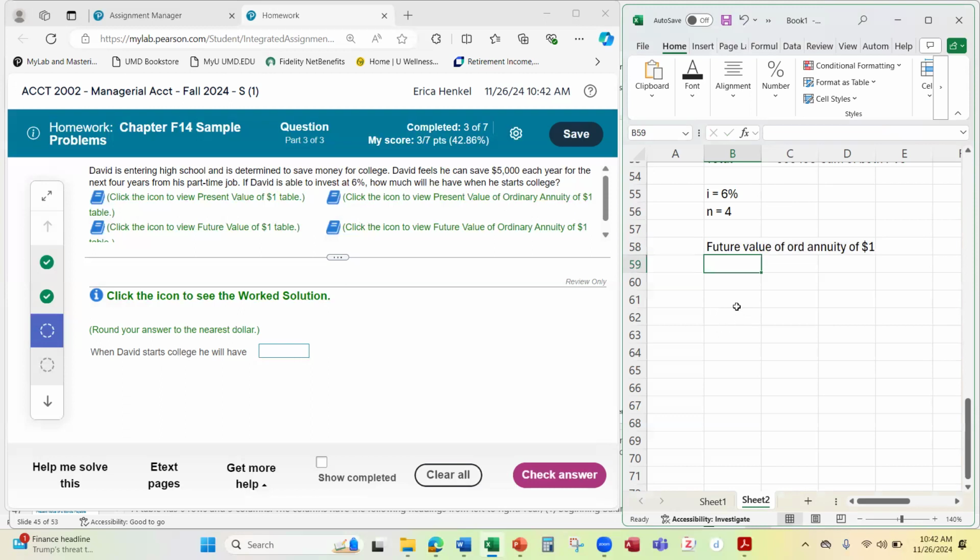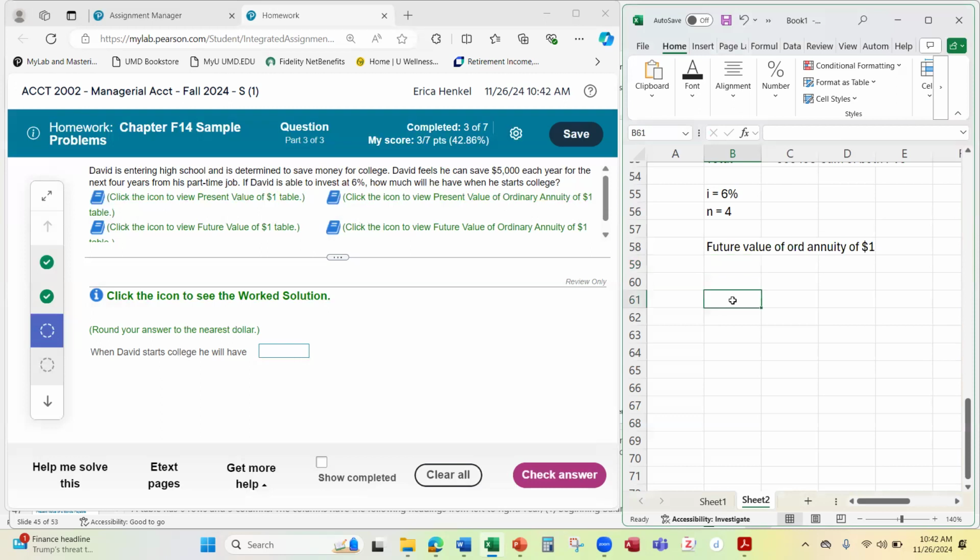So just like the present value of a series of payments is the sum of the present values of each of those, the future value of a series of payments is like, what would each individual payment grow to over time?